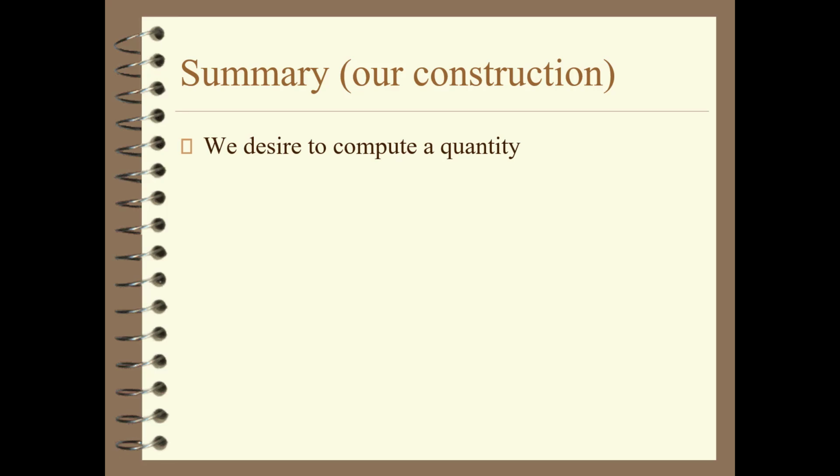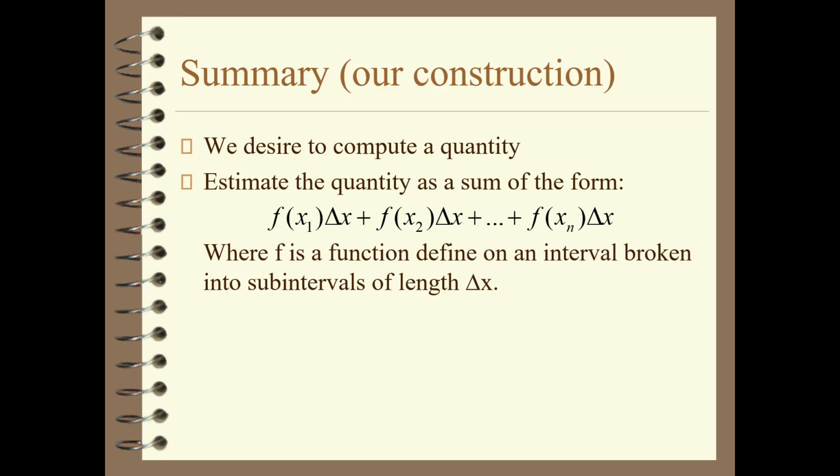In summary, in order to compute some kind of quantity, we'll imagine the quantity as a sum of some form, where we have a function evaluated at a number times the change of x, plus a function value times the change of x, and so on, where f is just some kind of function defined on an interval, broken into subintervals of equal length, the change of x.